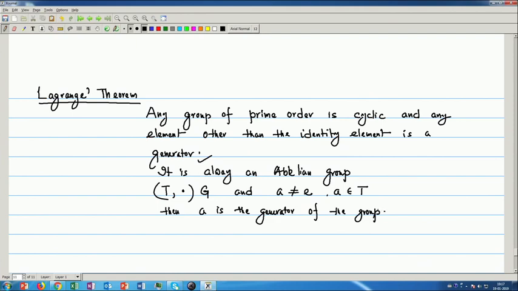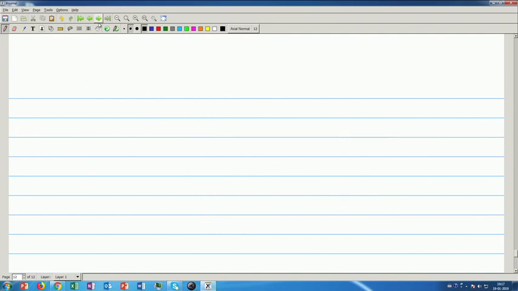So, we have read the definition of a group and some properties and theorems related to the order of a group.